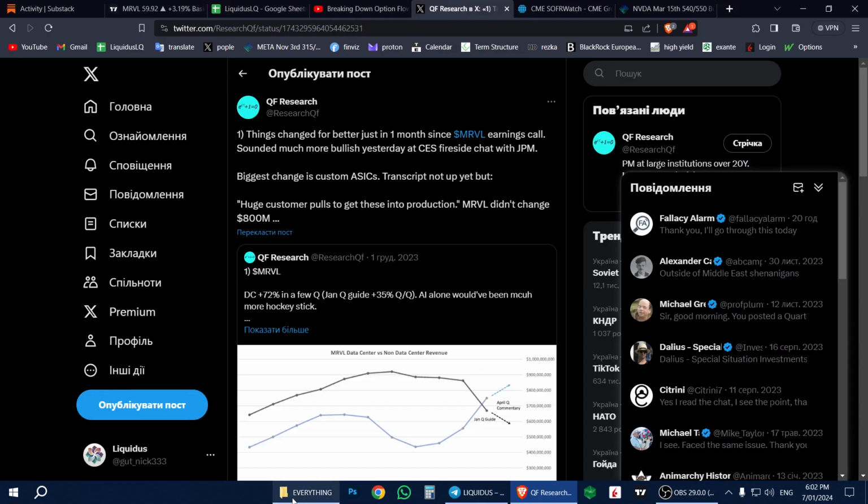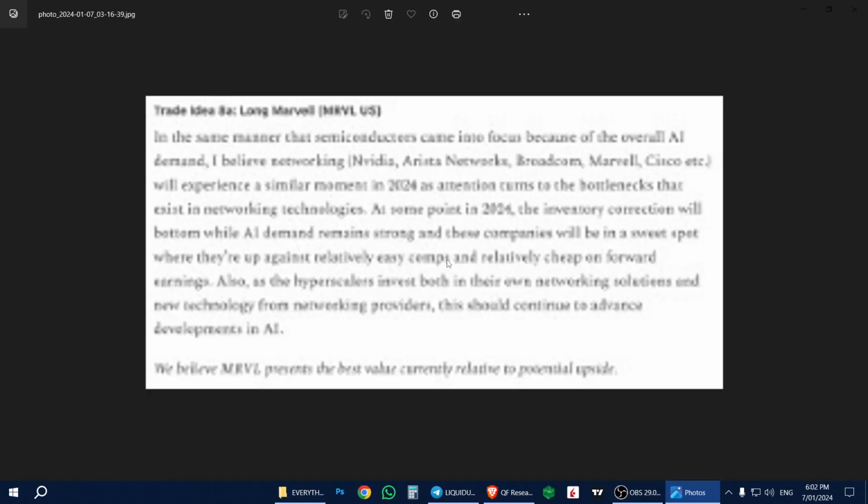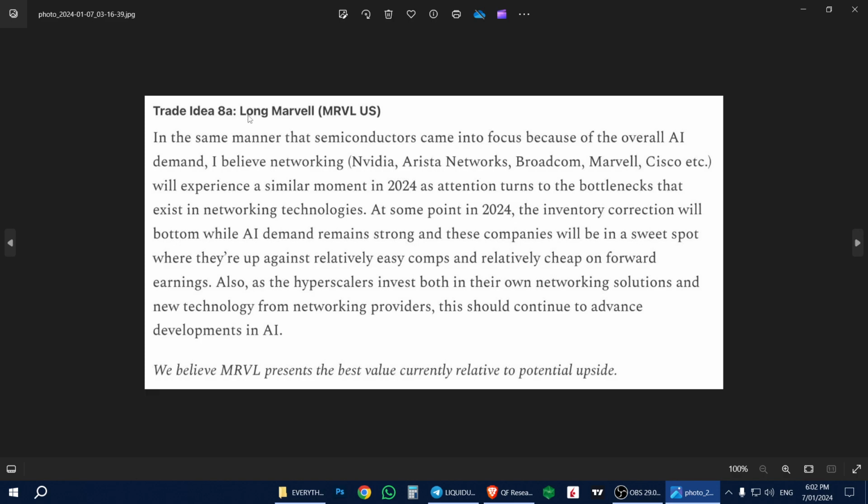QF research, everything. First of all, this trade idea: long Marvell. In the same manner that semiconductors came into focus because of the overall AI demand, I believe networking, NVIDIA, Arista Networks, Broadcom, Marvell, Cisco will experience a similar moment in 2024 as attention turns to the bottlenecks that exist in the networking technologies.